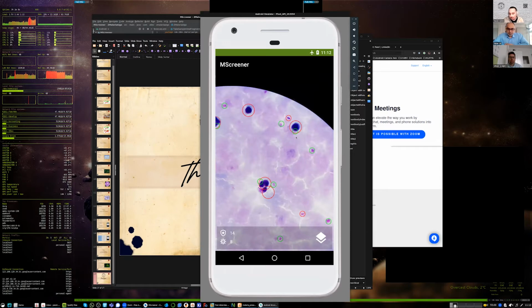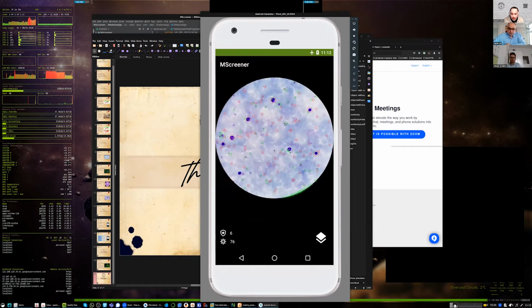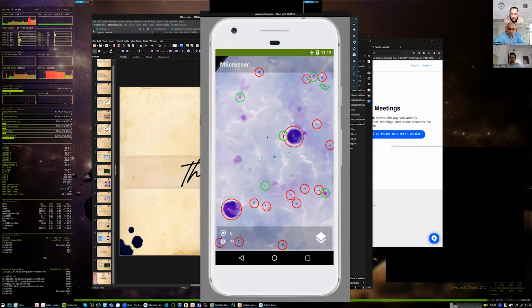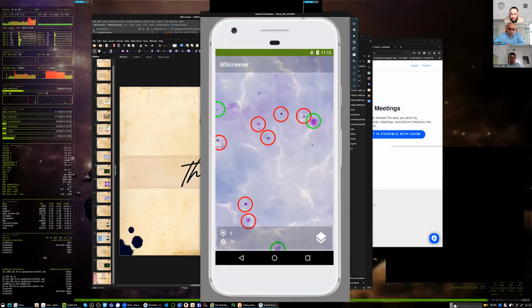The green one is just for debugging purposes, to see the artifacts that are classified as non-parasites. So those are the parasites.